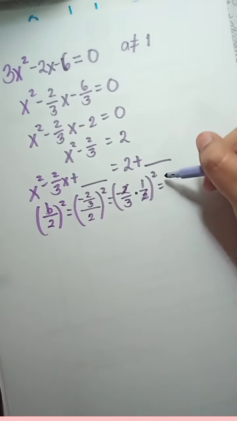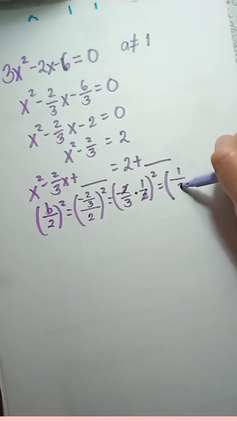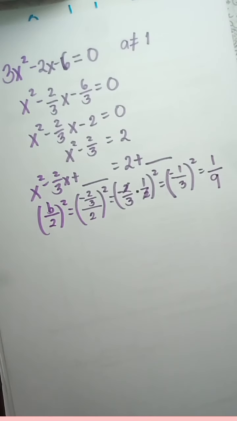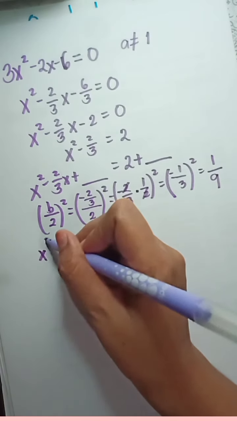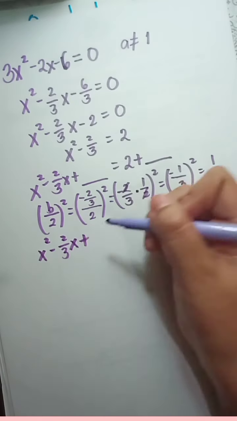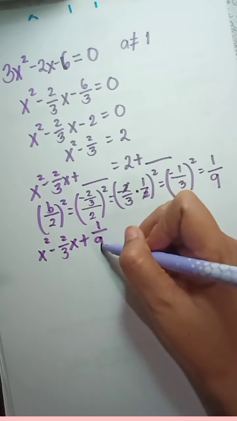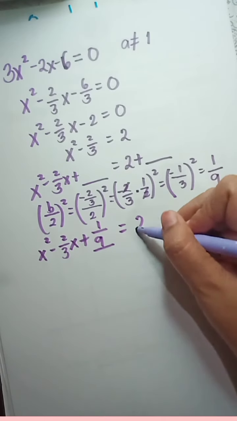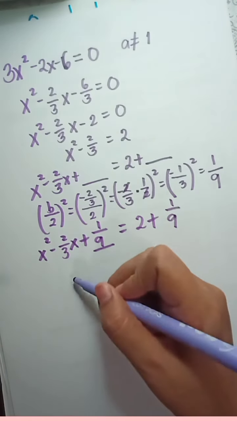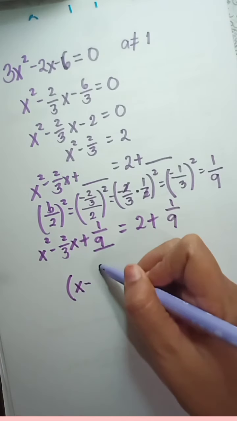So what remains is negative 1 third squared, which is 1 over 9. So our perfect square trinomial now is x squared minus 2 thirds x plus 1 over 9. So we add it to the other side of the equation. So 2 plus 1 over 9. Then express it as the square of a binomial.